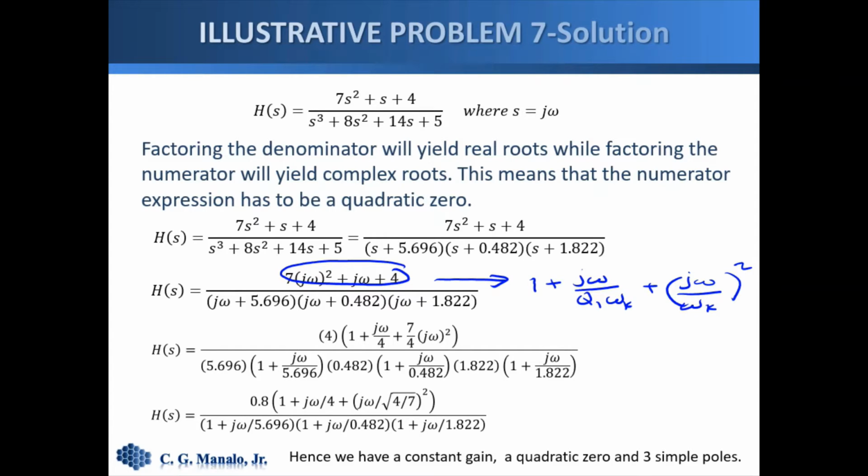Okay, so we can do that by making this a 1. So we need to isolate the 4 there. So we will get this one. Combining this and this will give us this constant gain.